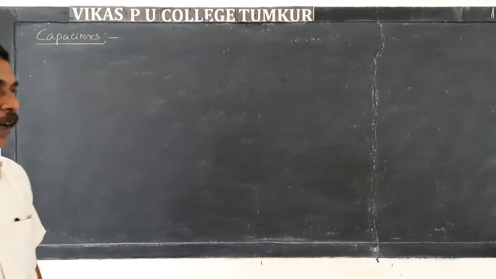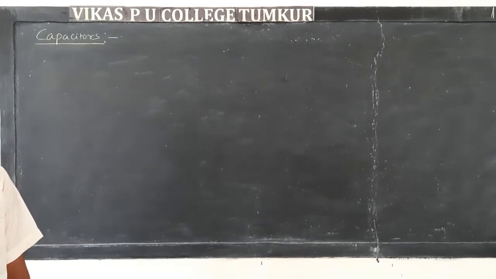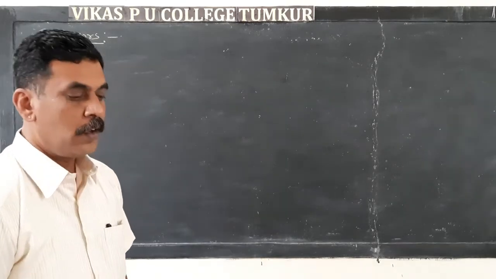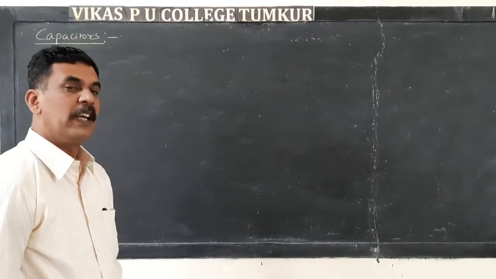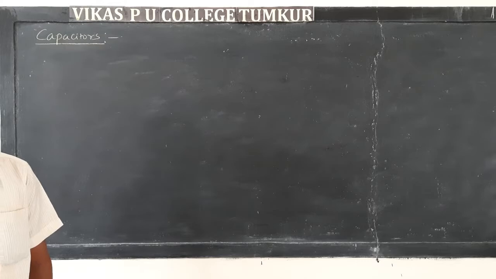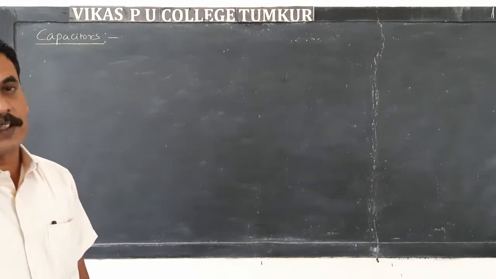We discussed the applications of Gauss's theorem that has been prescribed. And then we went on to study the meaning of electric potential. And we also gave you the expression for electric potential due to an isolated point charge.